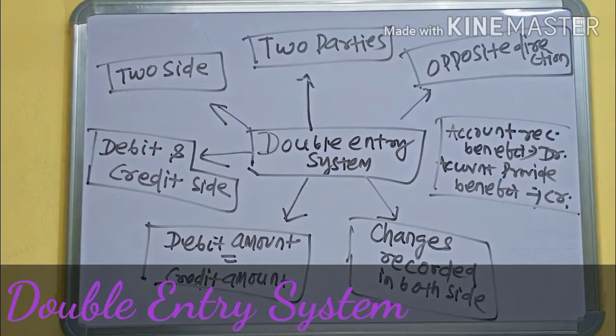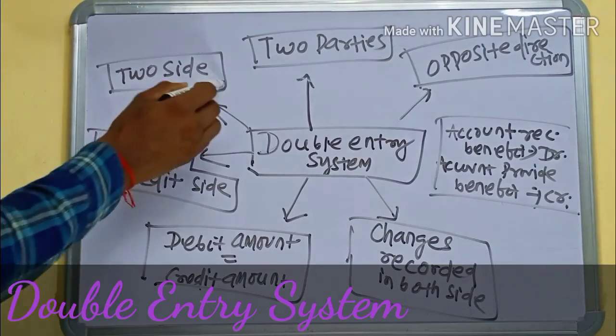Now we present the double entry system diagram. We discuss the double entry system through this diagram. First of all, the double entry system has two parties. Each transaction involves two parties, and each transaction is recorded in two accounts, on two sides.